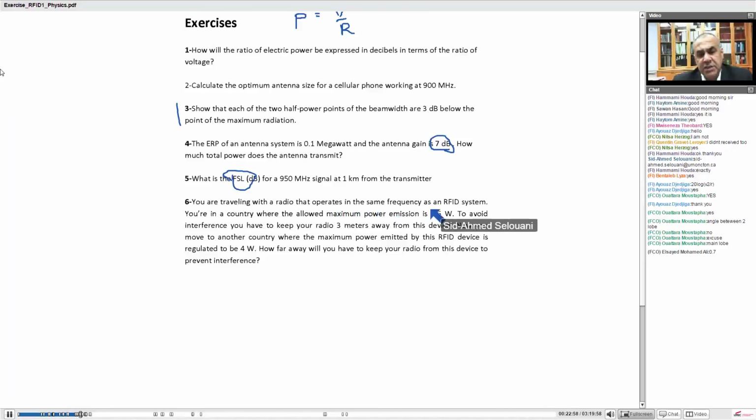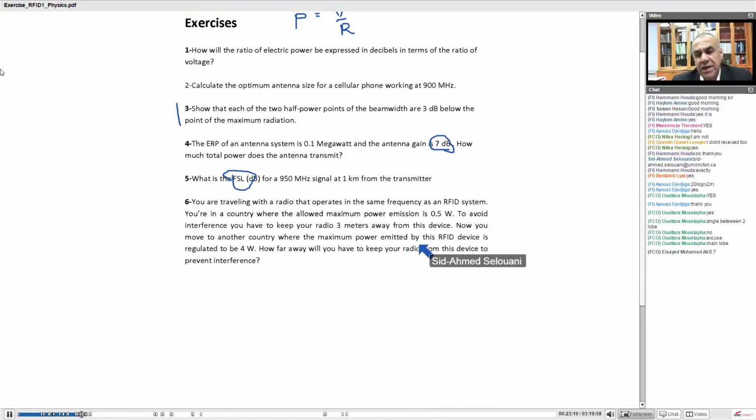So the last exercise: you are traveling with a radio that operates in the same frequency as an RFID system. You are in a country where the allowed maximum power emission is 0.5 watt. To avoid interference, you have to keep your radio 3 meters away from this device.